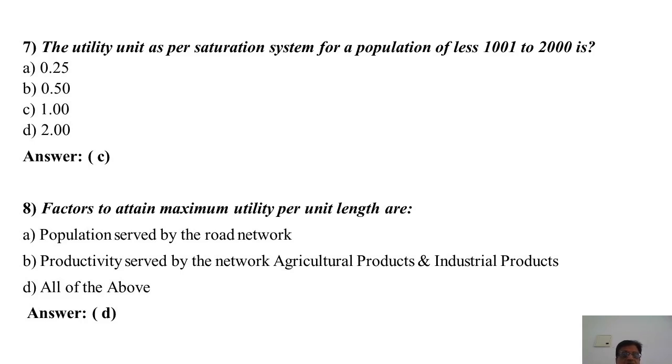Factors to attain maximum utility per unit length are population served by the road network, productivity served by the road network, that is both agricultural and industrial, all of the above. So answer is D, all of the above.